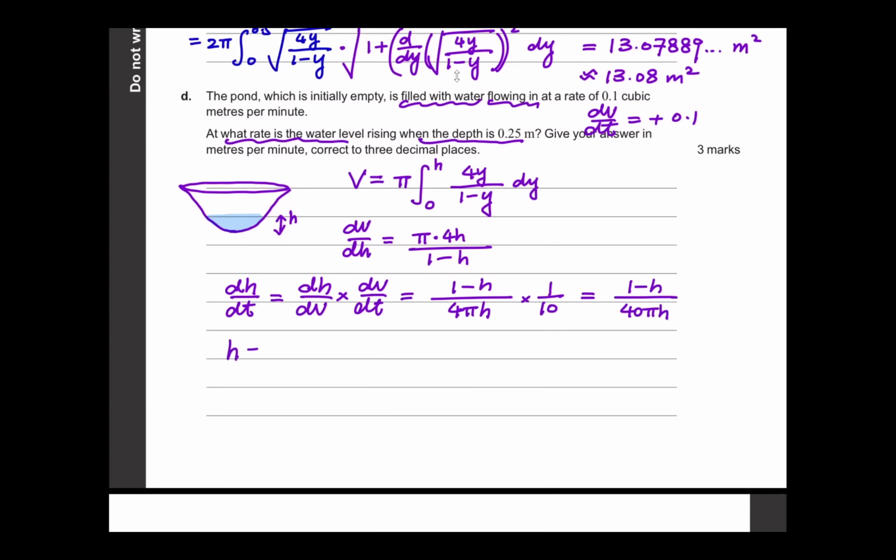And eventually at h equals 0.25, your dh/dt is 0.75 divided by 40 pi times 0.25. Something along this line, you get 3 over 40 pi. And eventually you could round this to 3 decimal places, 0.024 meters per minute. Okay. So that question is a related rate. It's done.